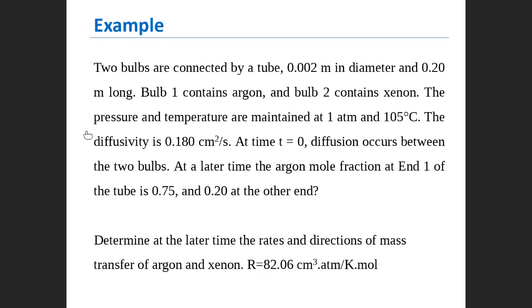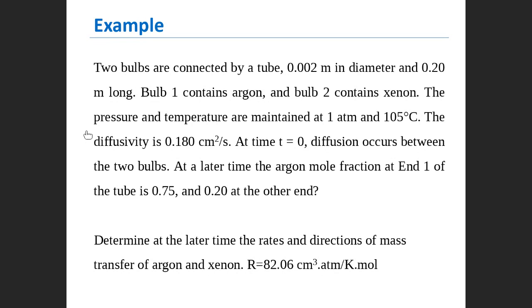So he gave you the temperature, the pressure of the system, and also the diffusivity for the gases. At time t equals 0, initial time, diffusion occurs between the two bulbs. At a later time, the argon mole fraction at end one of the tube is 0.75 and 0.2 at the other end. So he gave you also the composition here.